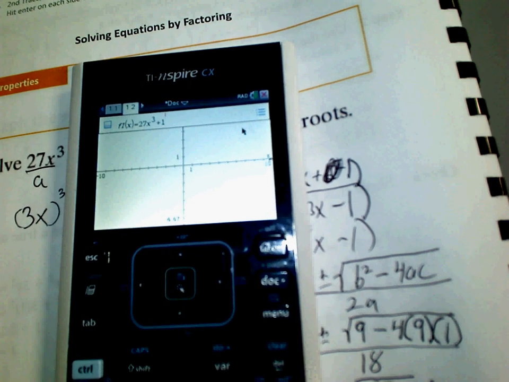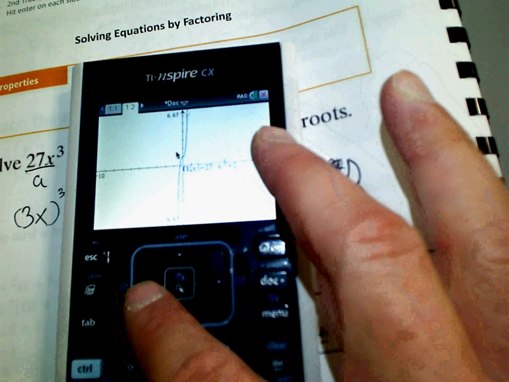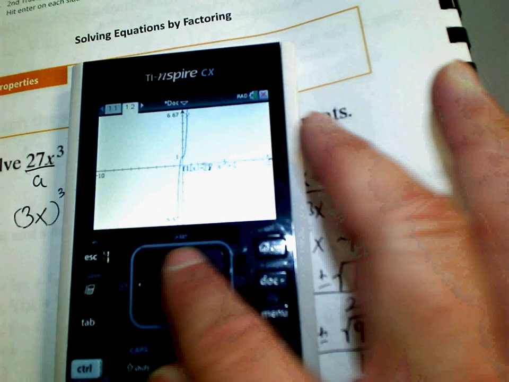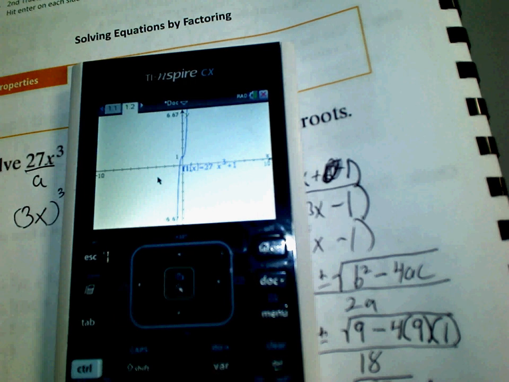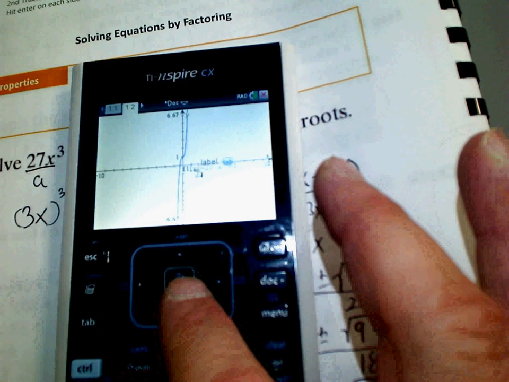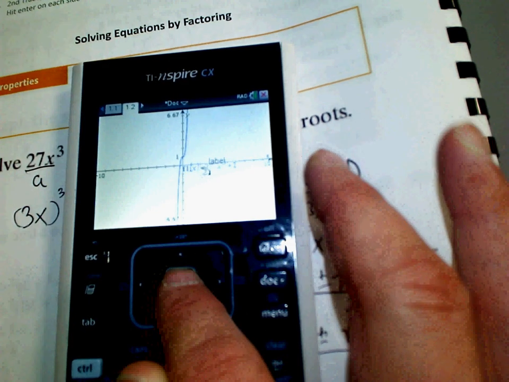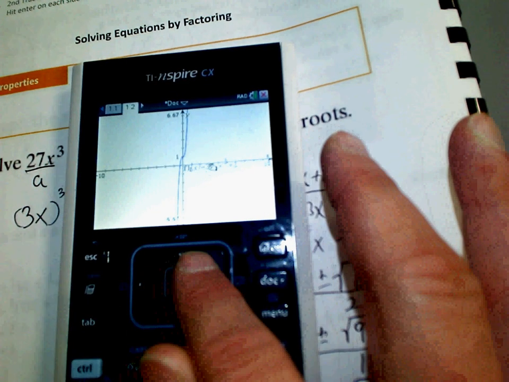There he is, discoing it up. He's doing his business. And he only touched the x-axis once. Get it? Scoot him over. There we go.